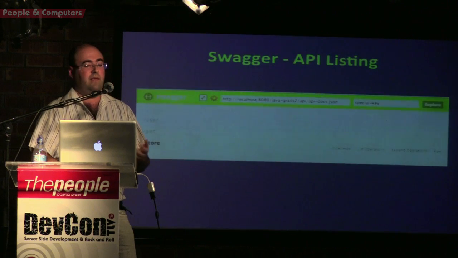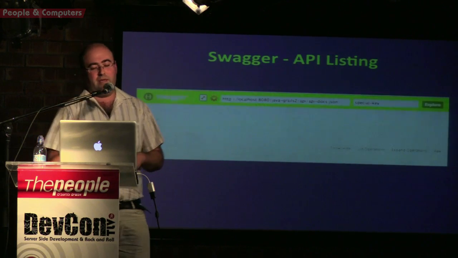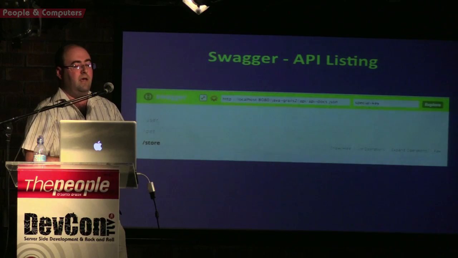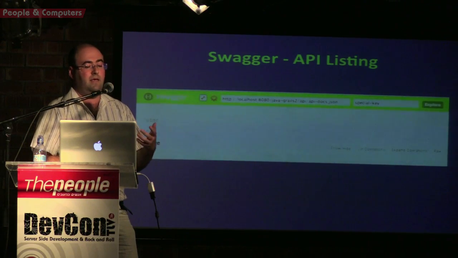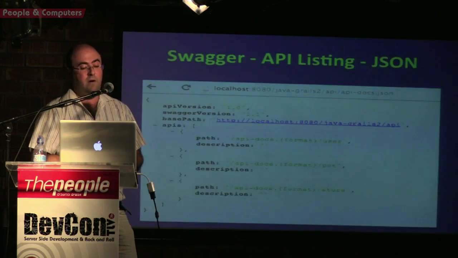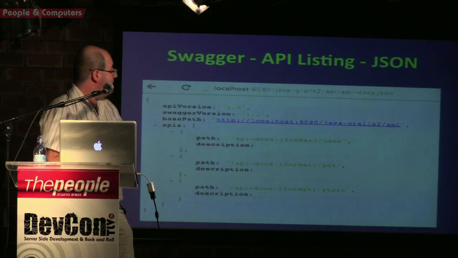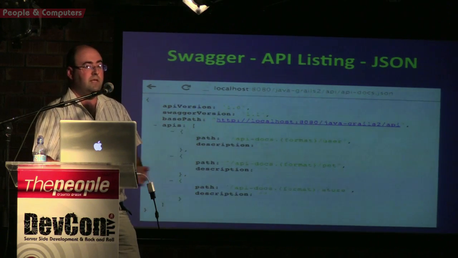So as you may already guess, the UI that I've shown before is actually a Swagger UI. It is a built-in default UI that comes with Swagger, and on the main level you can see the list of the APIs. Behind this UI there is a JSON that describes the API.